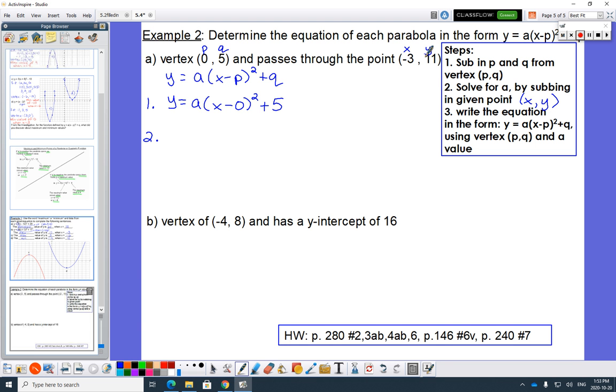You might get fractions here or weird equations, which means that you would not be asked to graph this, okay? So my y is 11. And my x is negative 3.